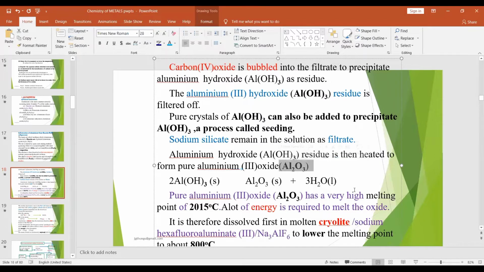This is now what we'll carry out. We'll heat to melt it, and in the process of melting, the molten aluminium oxide we feed into a special structure called Hall cell, which is the name given to this cell whereby we extract aluminium.